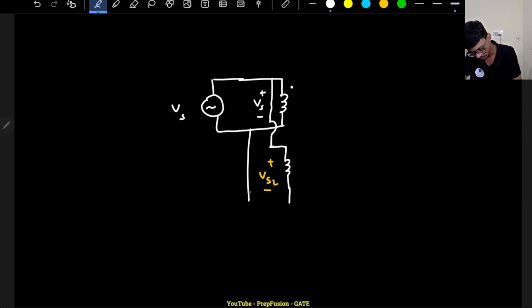I will connect the dot to dot and the non-dot to non-dot. Again, if I assume a small winding resistance here, and apply KVL in this loop, this is the dot, so I will start from here, go here, and end here.